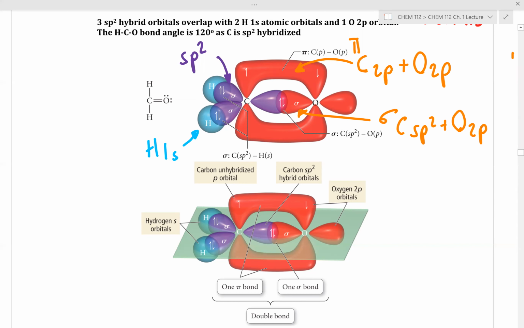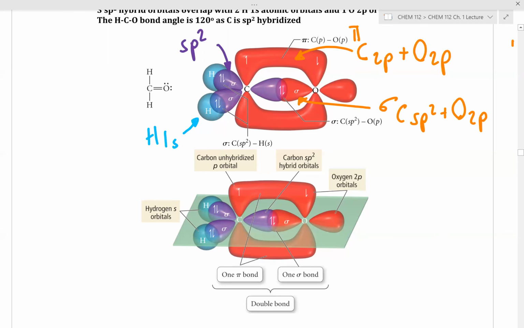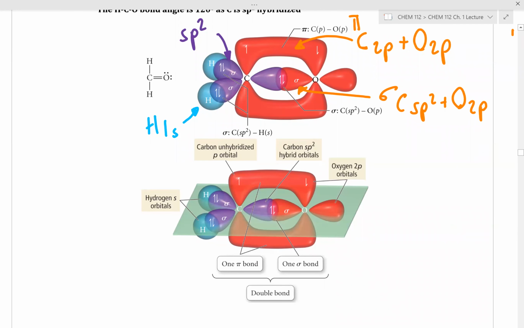Now, an important and a key feature, due to the fact that we have a pi bond, due to the fact that we have a double bond, is that this double bond and this pi bond constrains how readily we can rotate the sigma bonds found in this molecule. This pi bond locks our molecule in a planar orientation. So this locks our carbon-oxygen bond.